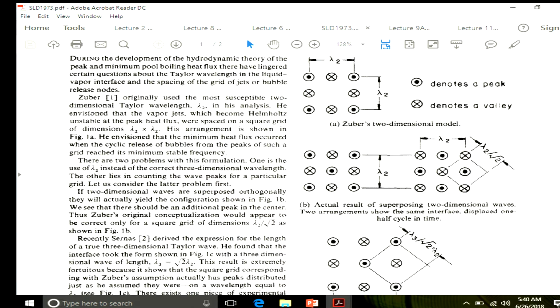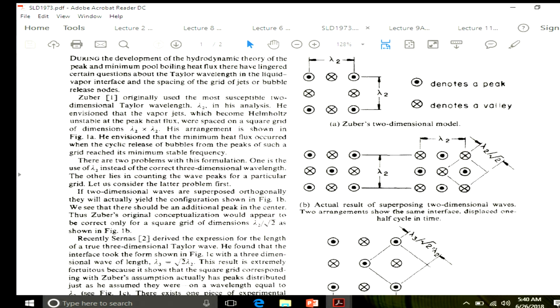Okay, what is a peak in the first cycle becomes the trough in the next cycle. Okay, so these become the crosses, and these become the dots essentially. But the big question is, do I have a bubble in the center or not?